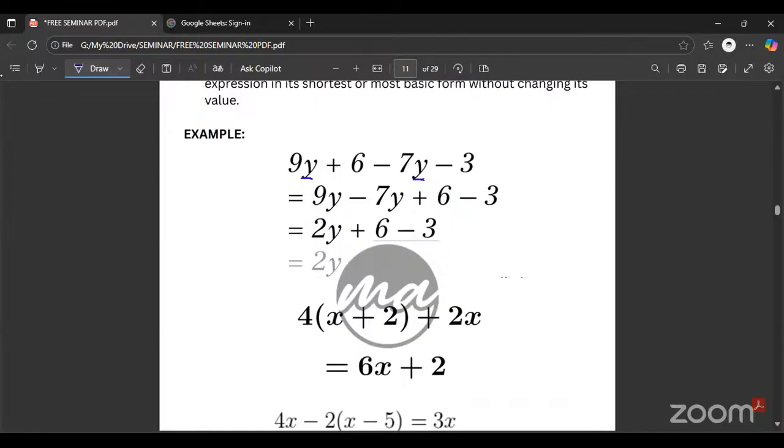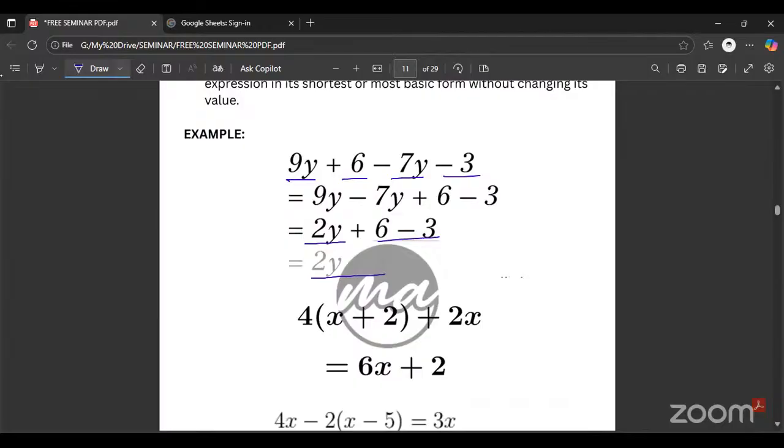But you can't simplify these two numbers with the y terms, because one has a y, one is just an ordinary number. You can only simplify if it's possible. So now here we can simplify 9y and 7y. So 9y minus 7y is 2y. 6 minus 3 is 3. So your answer will be 2y plus 3.